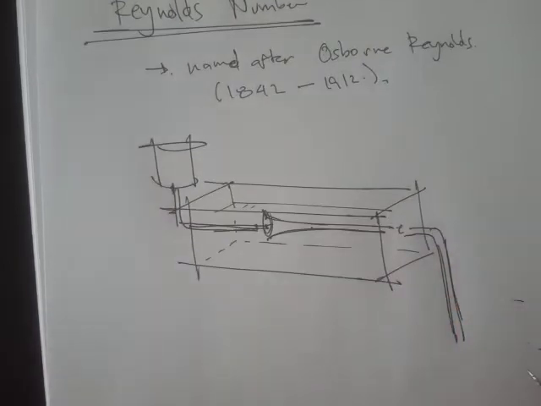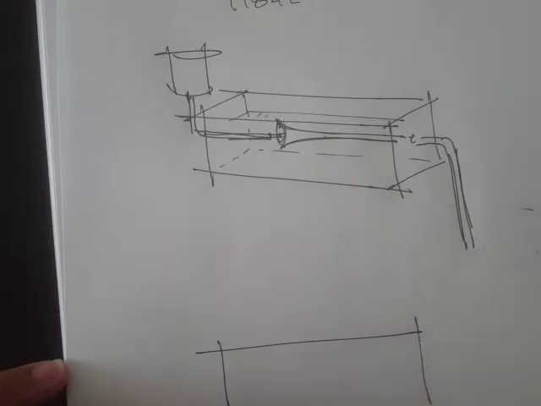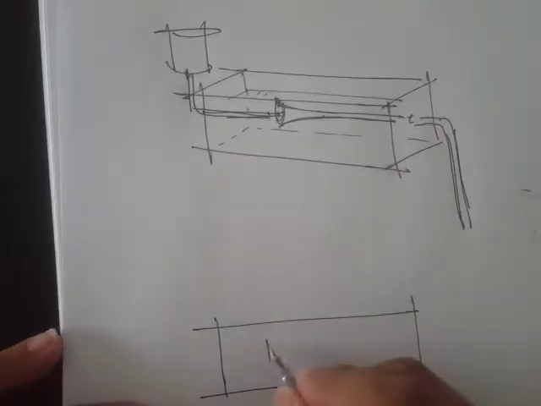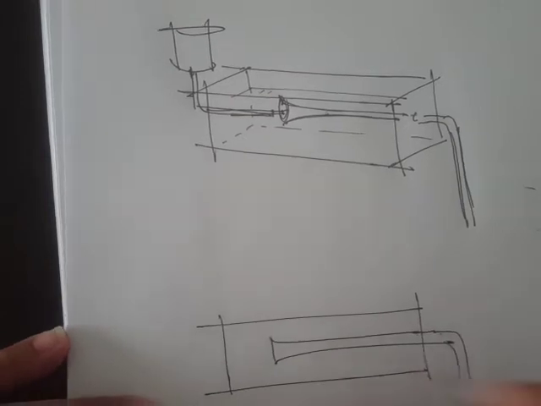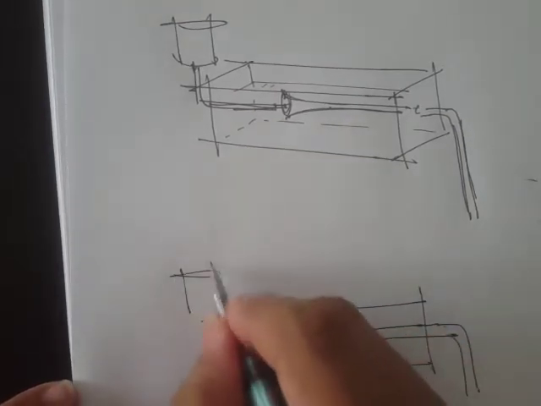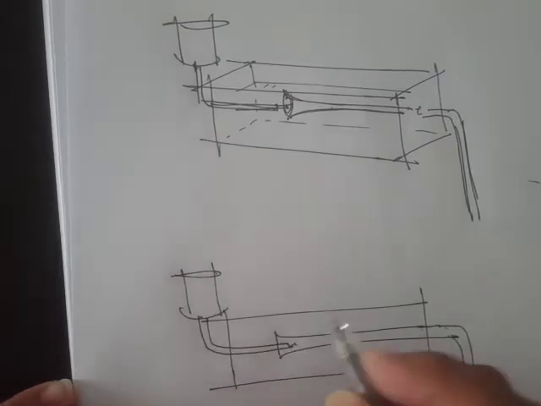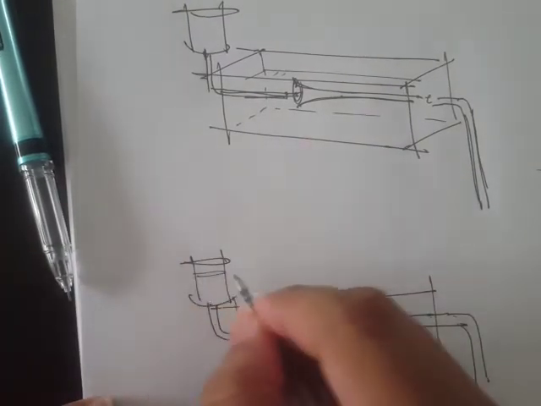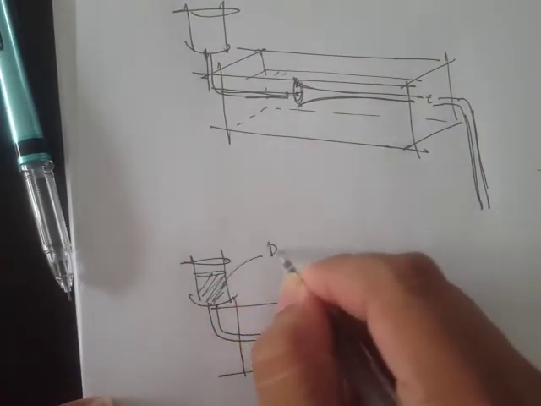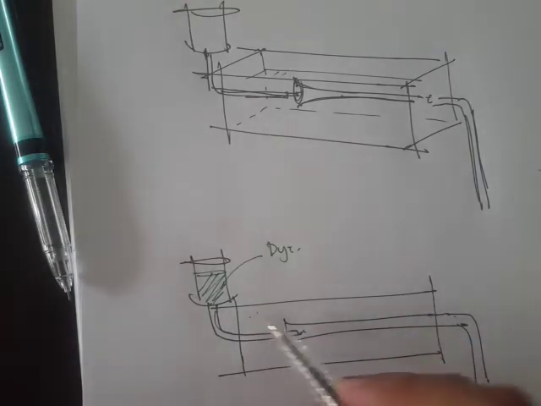So if we draw this inside view, we have this large tank, and here we have a glass tube, and here we have the small tank, and then another tube right here. This small tank is filled with dye, and this one is filled with water.